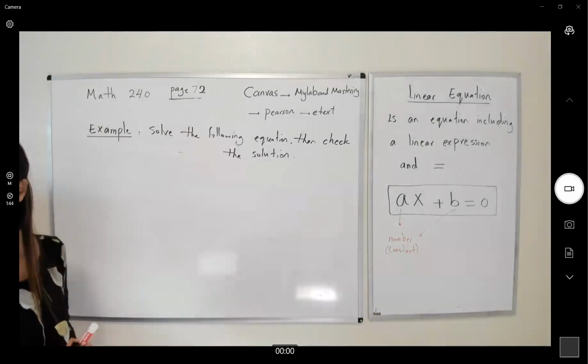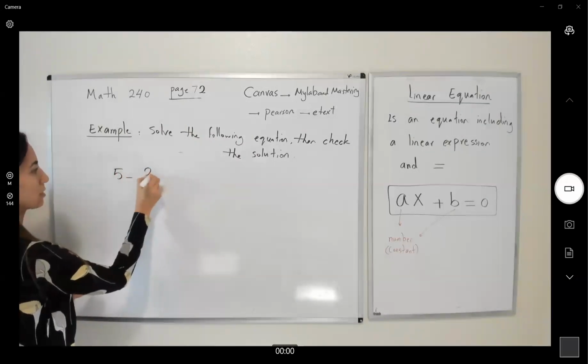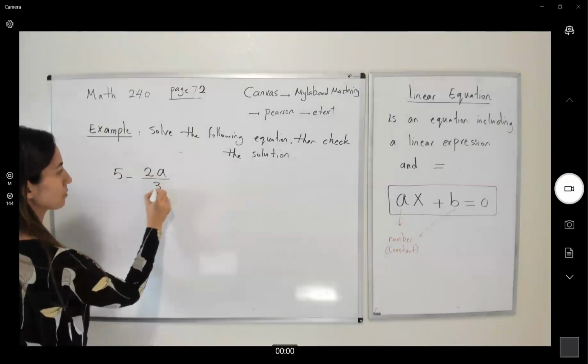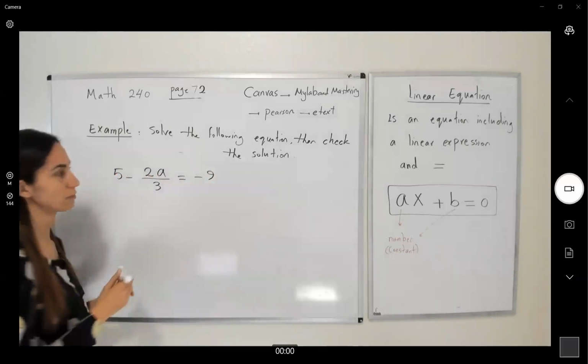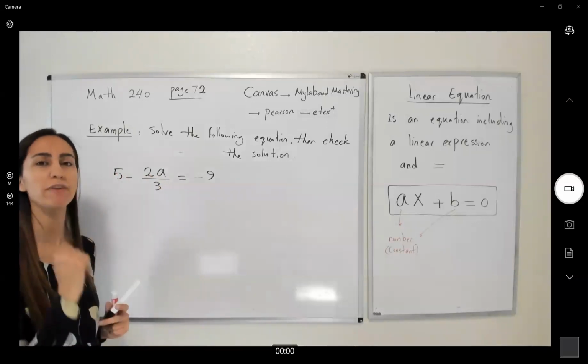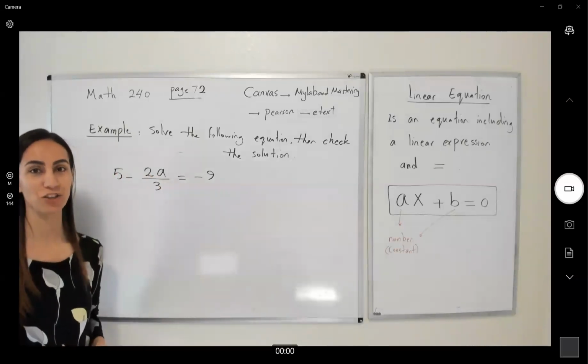So this example says you have 5 minus 2a divided by 3 equals to minus 9. Very well. We only have one variable. It's located on the left-hand side of the equation.